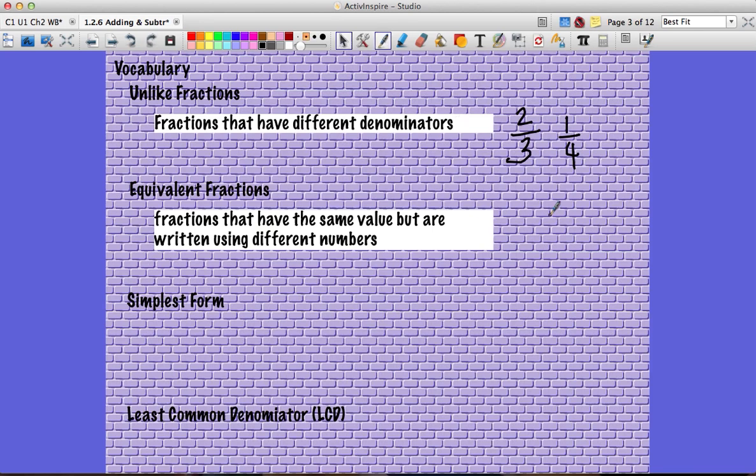So if you were to take 2 nickels and a dime, they're written two different ways, 1 dime or 2 nickels, but they're worth the same thing, so they are equivalent. So equivalent fractions would be like 2/4 and 1/2, because 2 out of 4 is half and 1 out of 2 is half. So these are equivalent fractions.